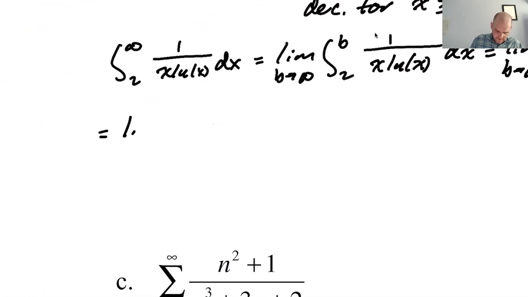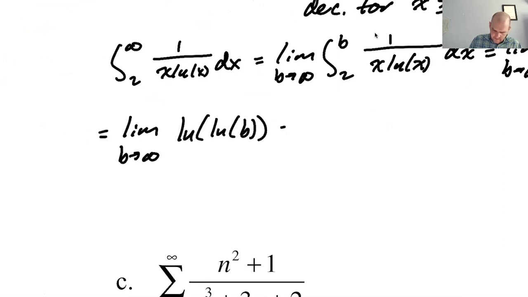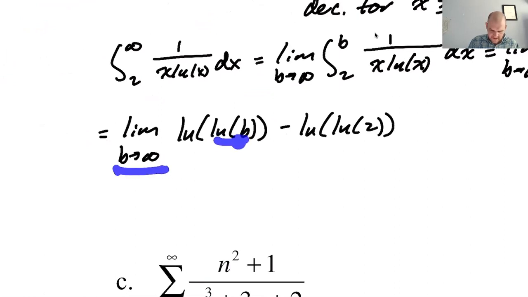So equals limit as b approaches infinity of the natural log of b minus the natural log of the natural log of 2. But as b approaches infinity, the natural log of b goes to infinity. So you're trying to find the natural log of infinity, which is infinity.